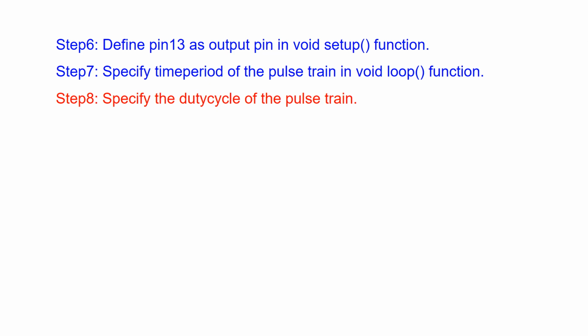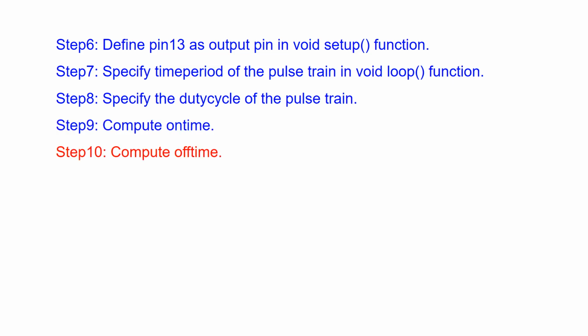Step 8. Specify or assign the duty cycle of the pulse train. Step 9. Compute the integer on time. Step 10. Compute the integer variable off time.